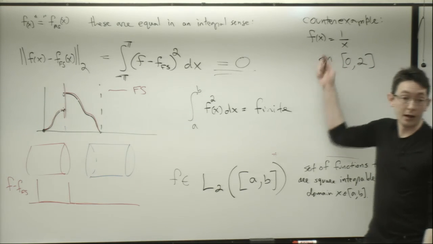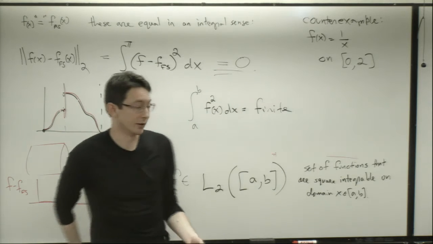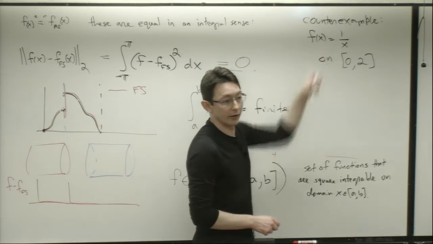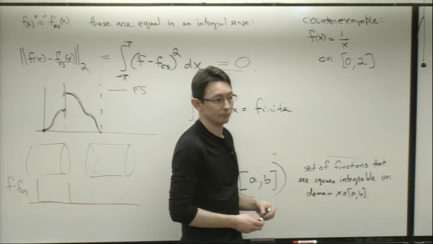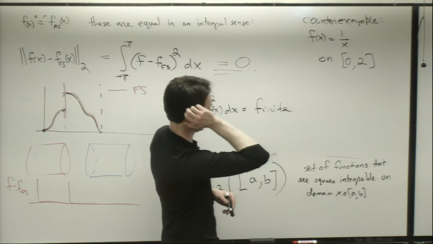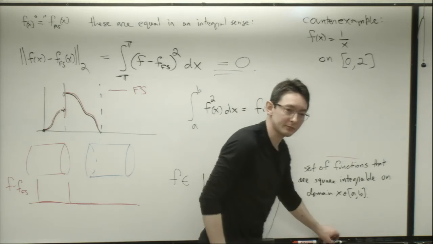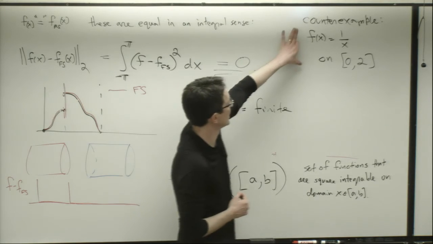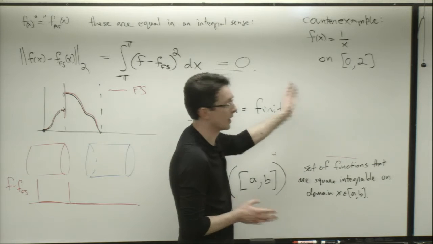This is definitely not square integrable on the domain 0 to 2 because this would blow up to infinity. This integral is not finite. Maybe it is actually. Nope, it's not. Definitely not.